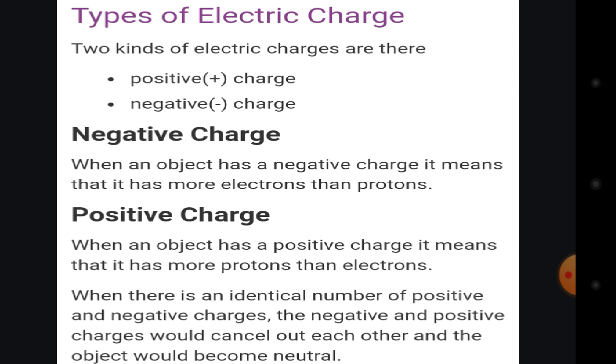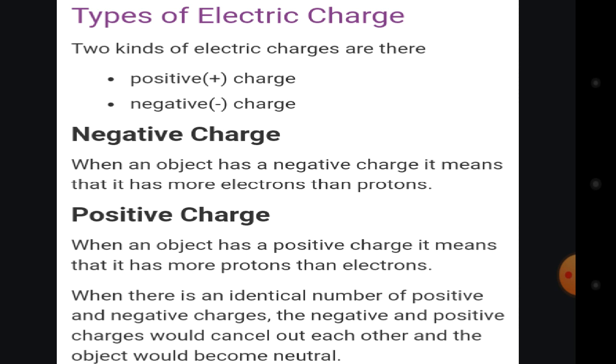And there is some explanation here. It says that when there is an identical number of positive and negative charges, the negative and the positive charges could cancel out each other, and the object could become neutral.